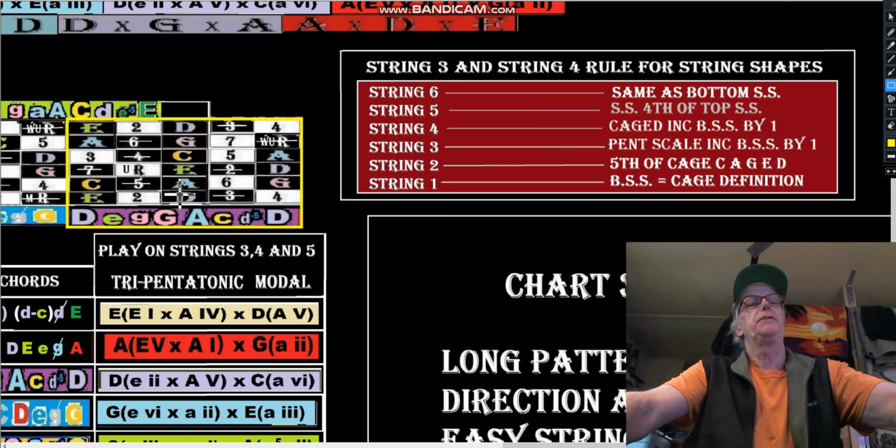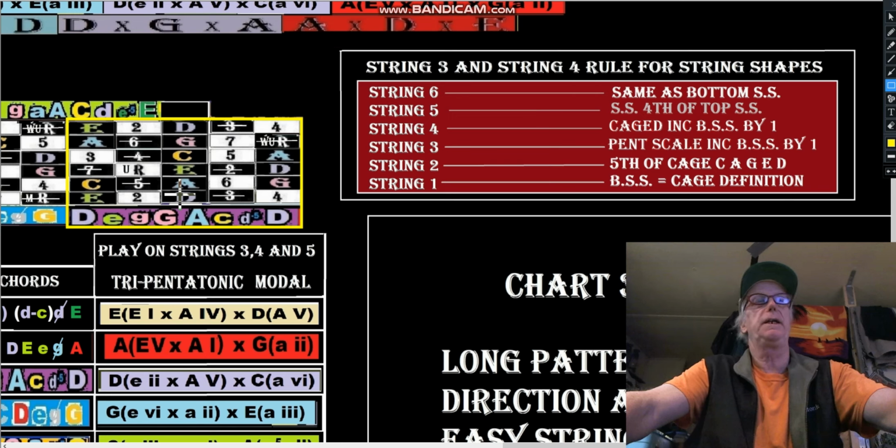But with the C string shape, it's 1, 3, 5, because the 4th of C string shape is the E string shape. And similarly with the E string shape, it's 3, 6, root, because the 4th of the E string shape, of course, is the A string shape.